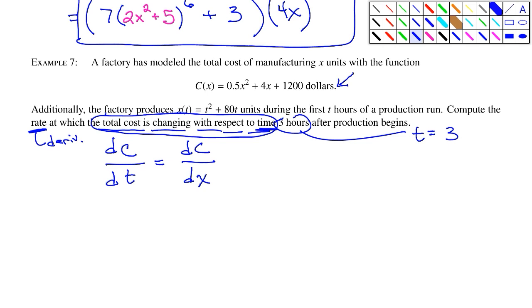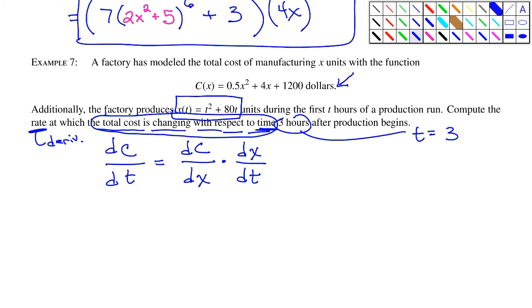And then notice I've got this x function that's a function of t. And that becomes dx/dt. And sure enough, if you think about it, the dx's would cancel, leaving you with dC over dt. So we don't do that, but we use these derivatives to help us compute the result.